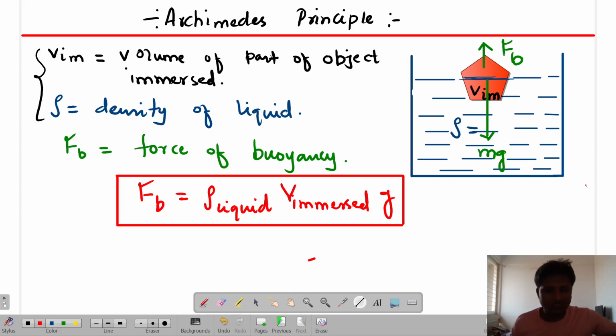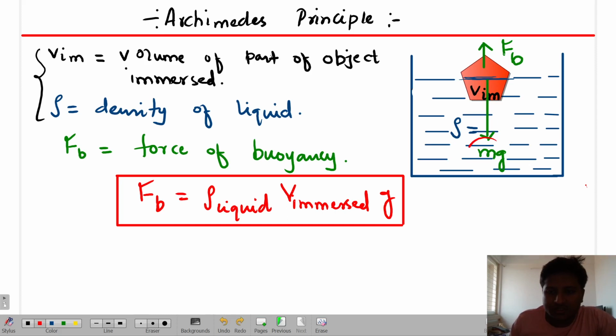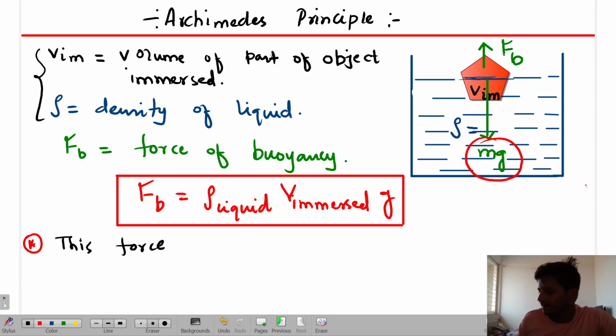Okay. Now, second point: we might think that this force is appearing due to the mg concept, but that is not true. This force is not the force due to mg.